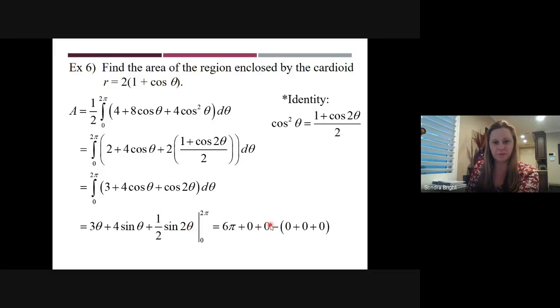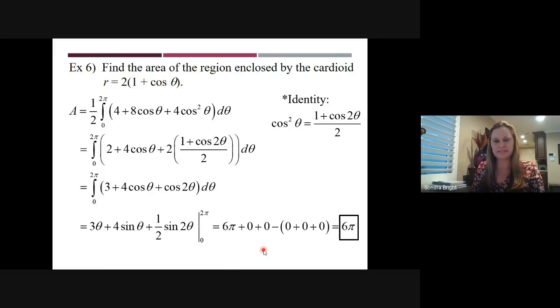So this part right here was plugging in the 2 pi. When you plug in a 0, sine of 0 is 0. Sine of 2 times 0, still 0. So all of those ended up being 0, and you end up with the area inside that cardioid being 6 pi.